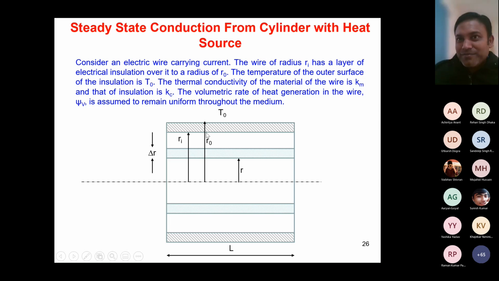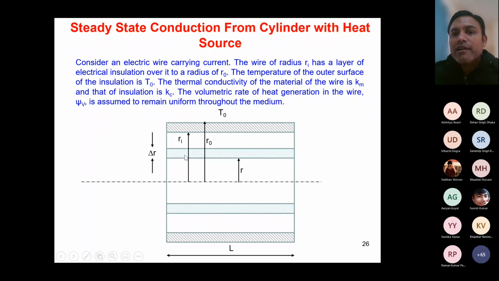It's unknown. So how to solve this situation? Did you see the problem here? The first boundary condition, dT by dr equals 0, is simple. But the second boundary condition at R equals Ri we will not be able to apply, because we don't know the temperature at this interface of insulation and metal wire.